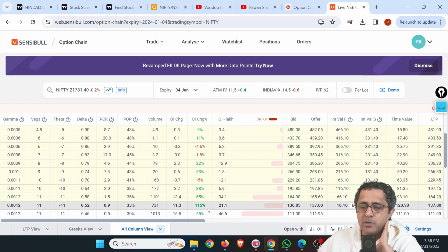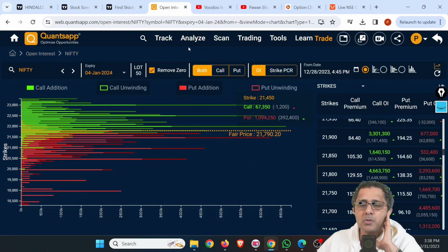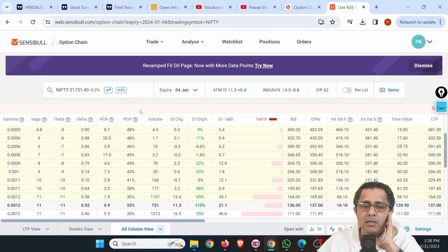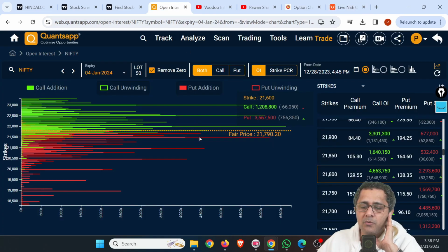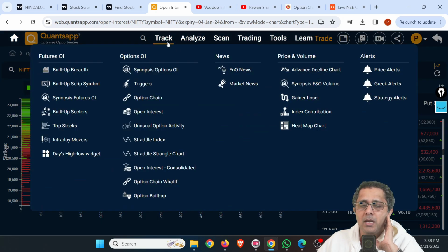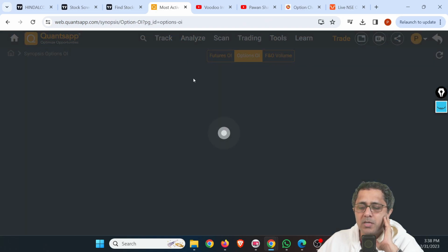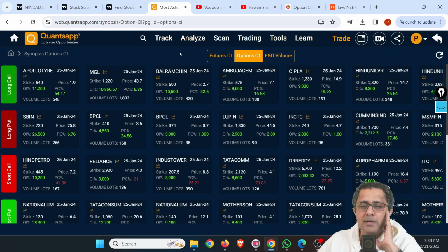Not this one. This one is QuantSap, and the other one is Sensible. If you are looking for the same setup, that won't be there. It is about QuantSap. It has OI, futures and options, build up, sectors, and option chain, but that's not something you are looking at.